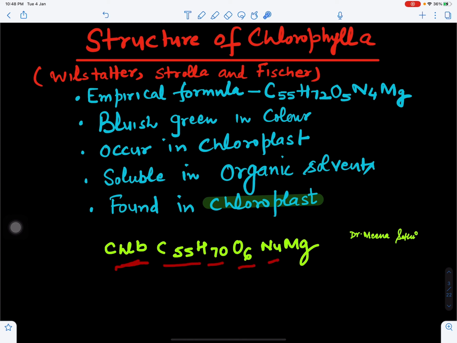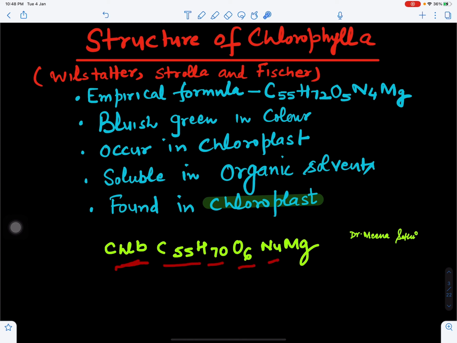Now we can see that methyl groups are present at positions 1, 3, 5 and 8. What is a methyl group? CH3. At position 2, a vinyl group is present, CH=CH2. At the 4th position, an ethyl group is present.